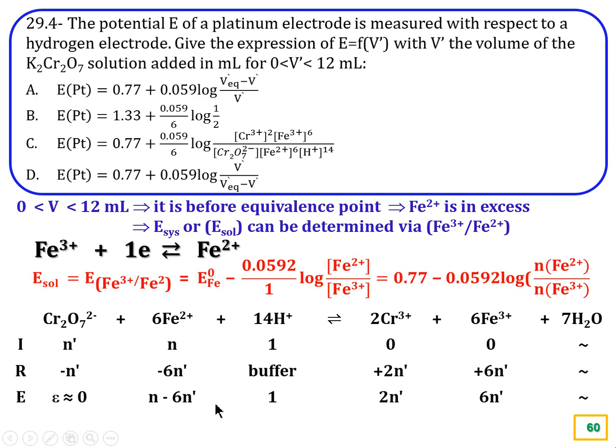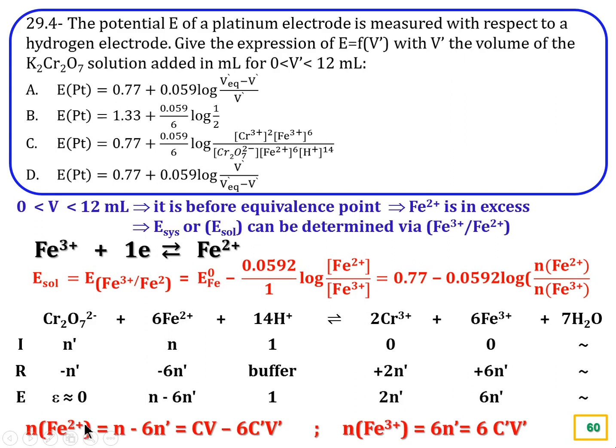Then the reaction will shift in the backward direction, and the reaction is very limited. So we have 6N' minus 6 epsilon, 2N' minus 2 epsilon, and we neglect epsilon. And we have N minus 6N' plus 6 epsilon, where we also neglect epsilon, and here we have epsilon of dichromate.